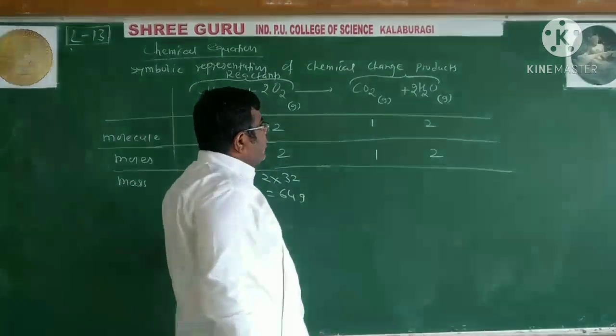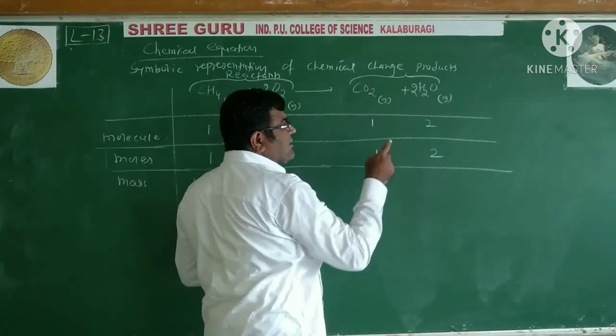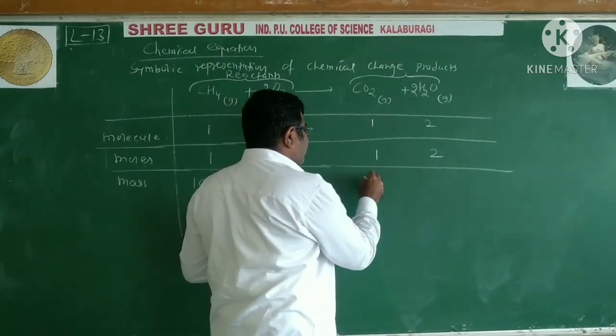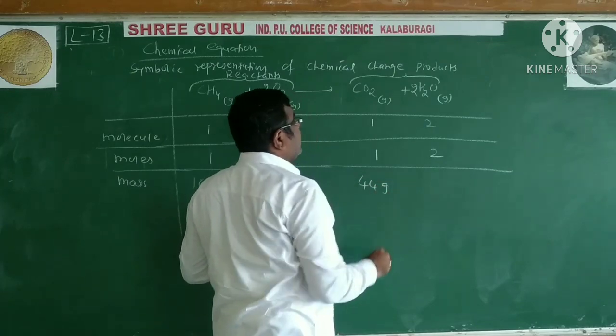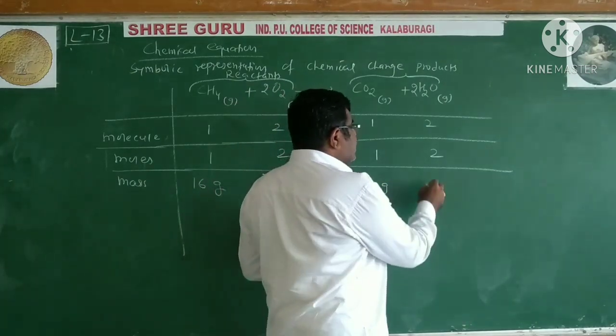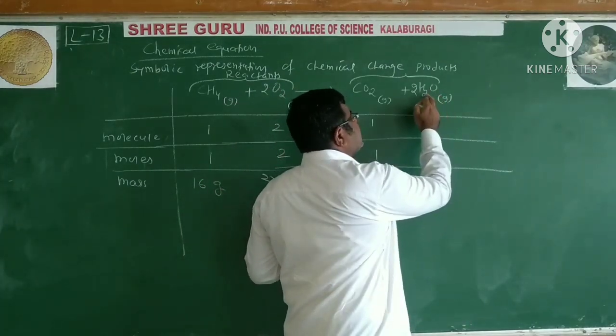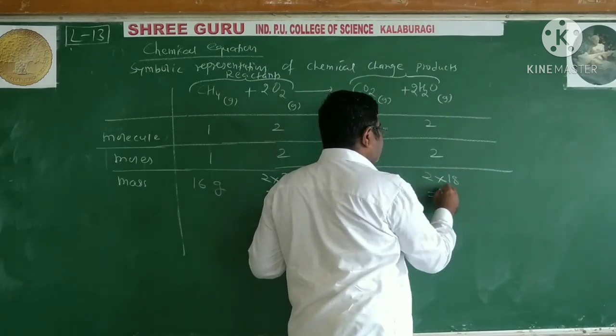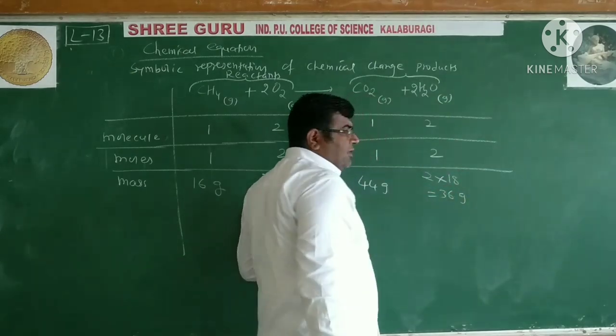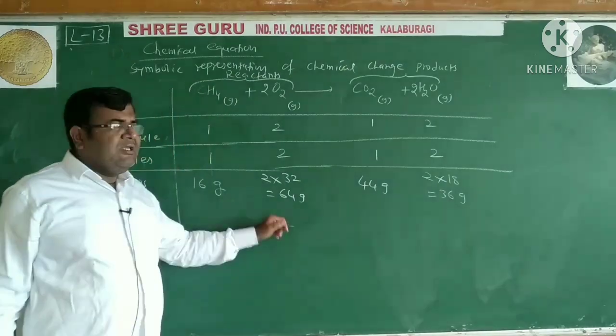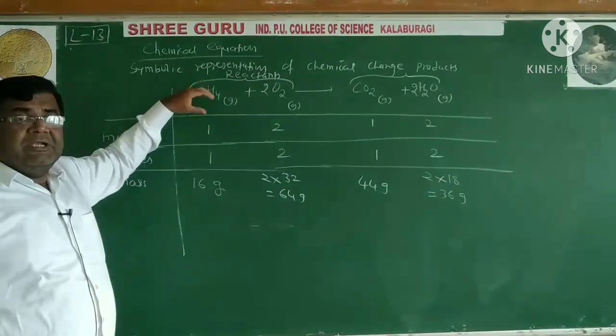This is 1 mole, carbon 12, oxygen 16 plus 16, 32 plus 12, 44 gram. And this is 2 into 16 plus 2, 18, that is equal to 36 gram. So the equation can be interpreted.